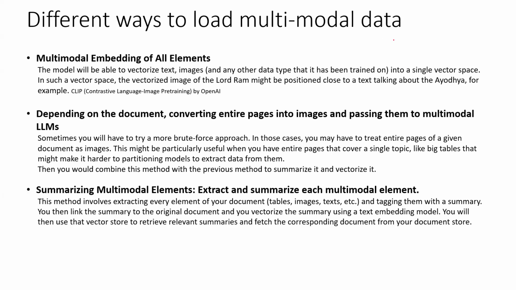So what I'm saying is, if this is my embedding or vector space, if my input is text, one vector will be created, because my embedding model is trained on text as well as on image. And if my input is an image, then also my embedding model will create one vector with the help of that image.